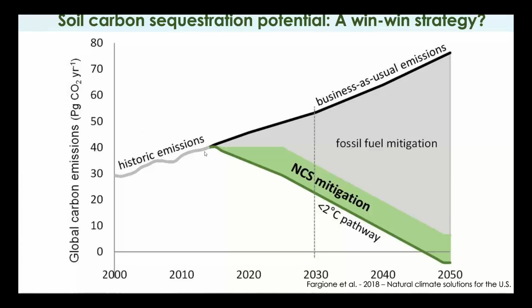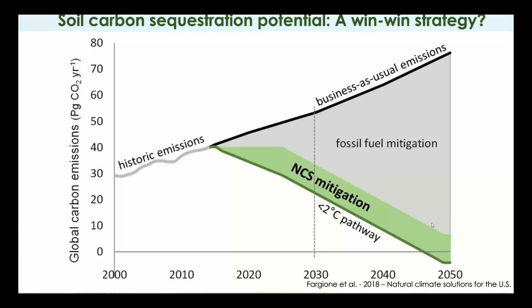In order to achieve the global target of limiting climate change to below 2 degrees Celsius, this green line is showing how emissions would need to change from today. The area in between is showing opportunities for sequestering carbon to achieve the pathway delineated by this green line.